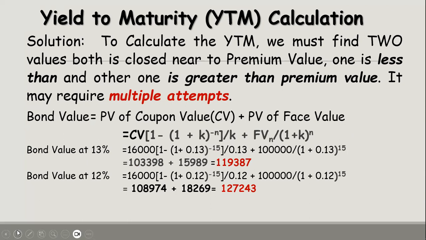Here we have calculated, after multiple attempts, the bond value at 13% comes to 112,787, and on the other side, the bond value at 12% comes to 127,243. At 13%, it's less than the premium value, and at 12%, it's above the premium bond price.